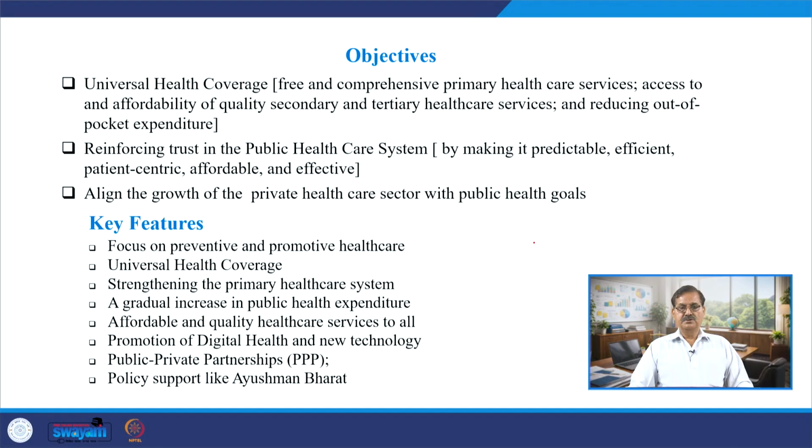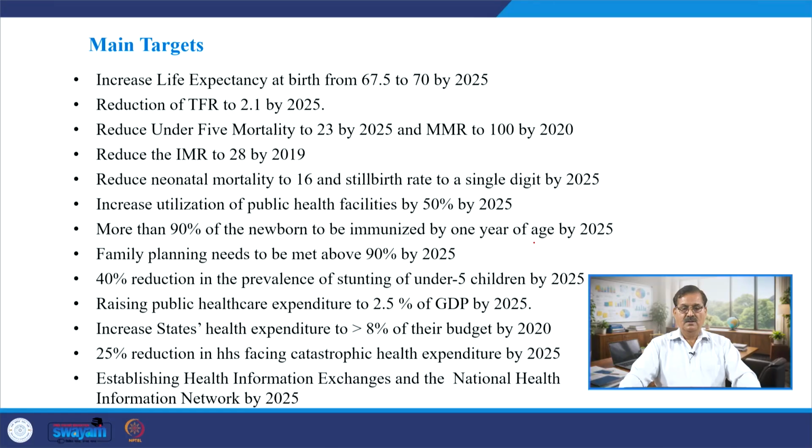This is a very good program initiated by the Government of India, and a 5 lakh insurance cover for medical expenses is given free to the people under this Ayushman Bharat scheme. Let us know what the key policy targets are. First is to increase life expectancy at birth from 67.5 years to 70 years by 2025.